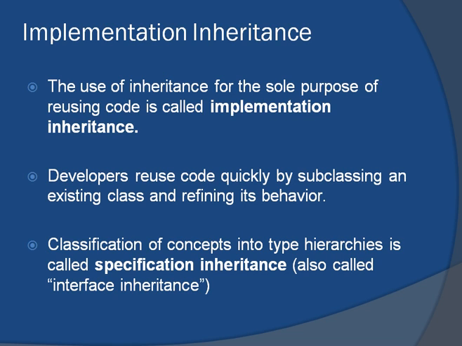Implementation inheritance further describes the use of inheritance for the sole purpose of reusing code, and that is actually called implementation inheritance. So in implementation inheritance, the sole purpose is reusing the existing code. Instead of writing new code, what we actually have in hand, why not use it?